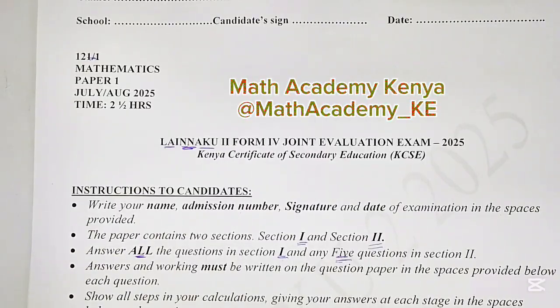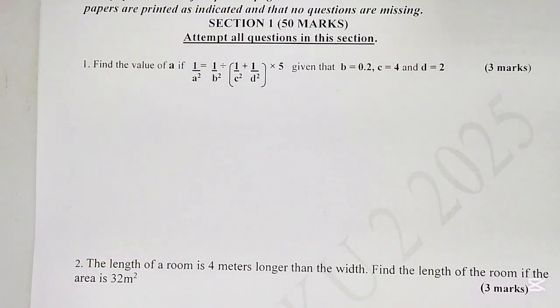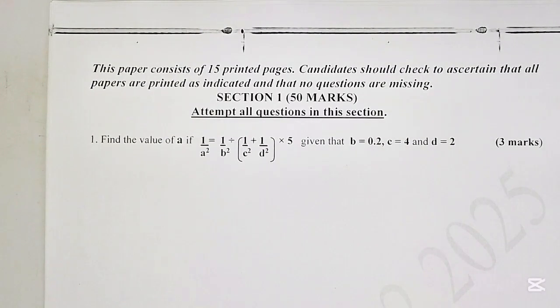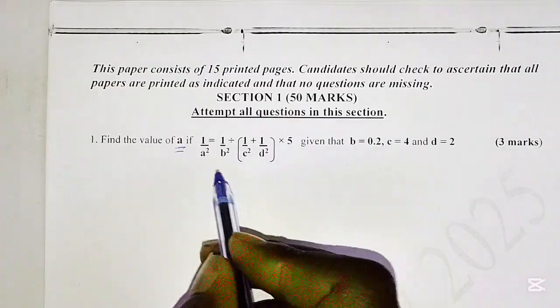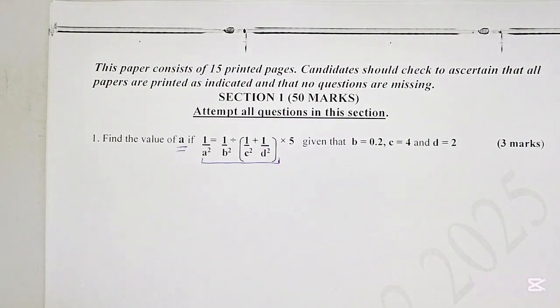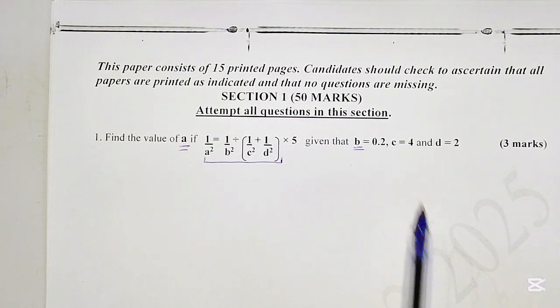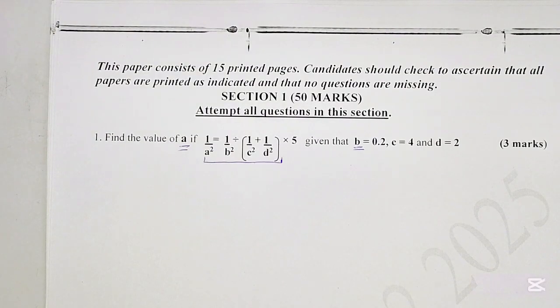So we are going to start with number 1 and see what it entailed. Now, number 1, they want us to find the value of A in this particular equation, given that the value of B is 0.2, the value of C is 4, and the value of D is 2.